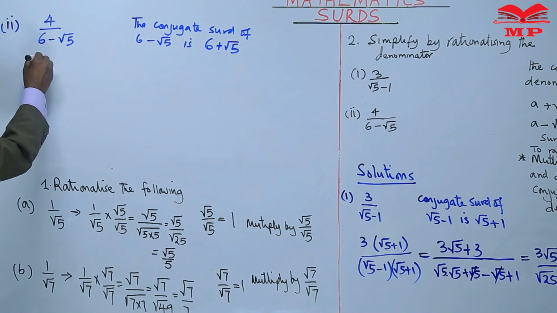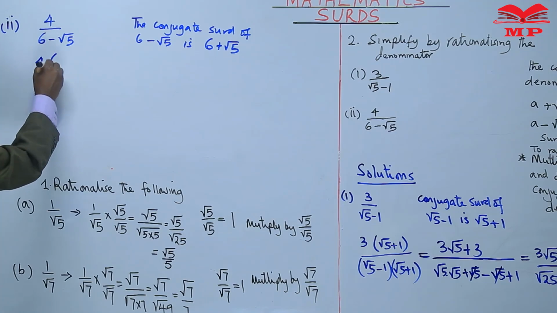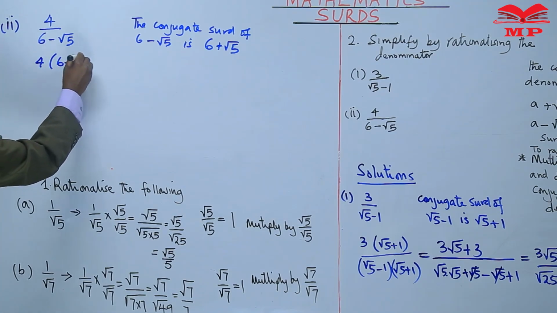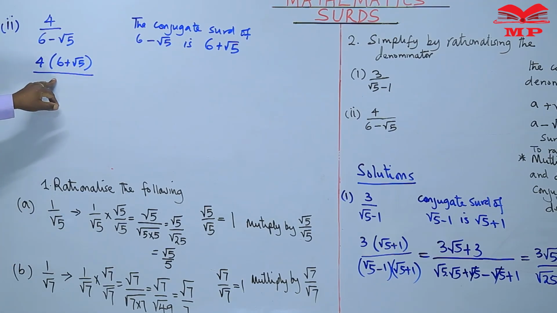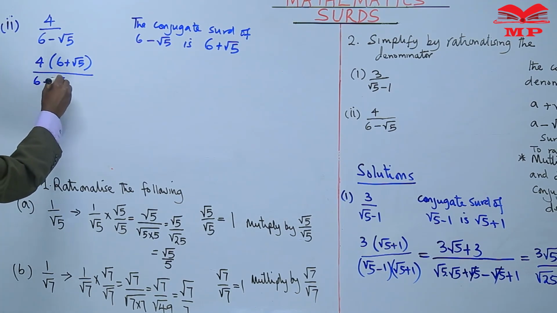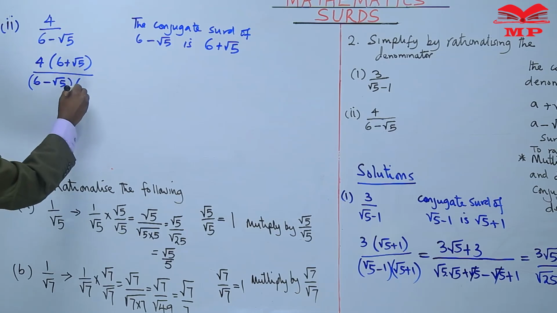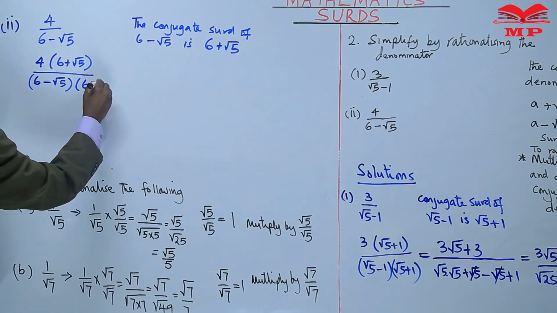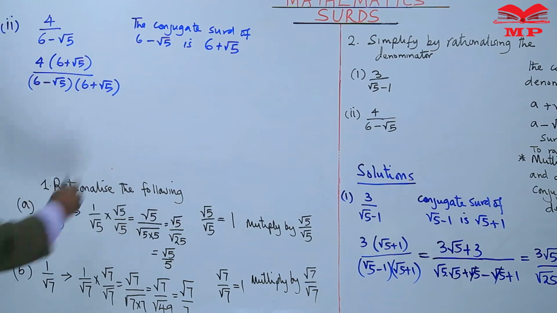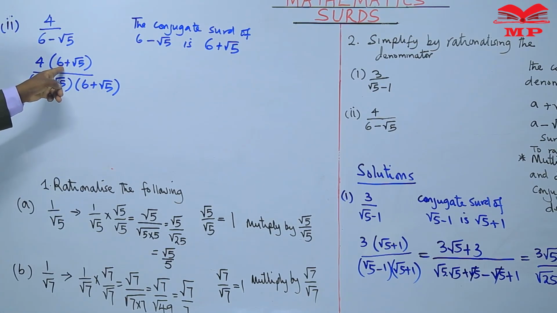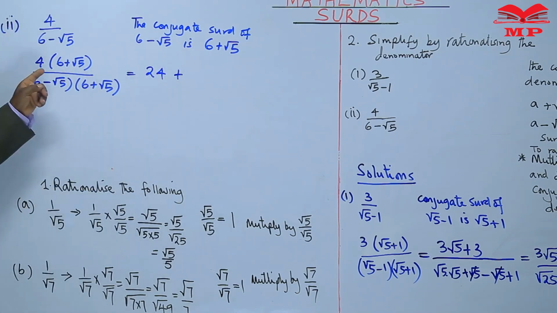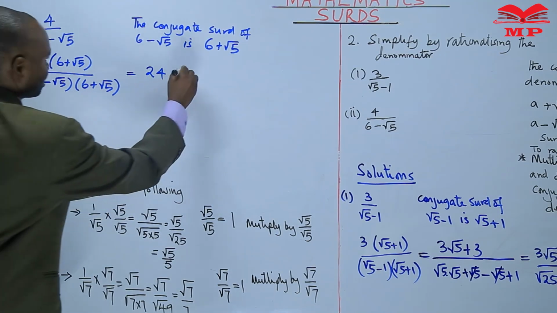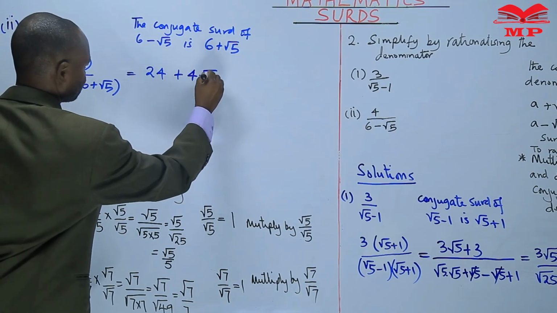So this will come to 4 into 6 plus square root of 5 over, when you do this you are rationalizing, over 6 minus square root of 5 into 6 plus square root of 5. So you simplify. 4 times 6 is 24. 4 times square root of 5 is 4 square root of 5.